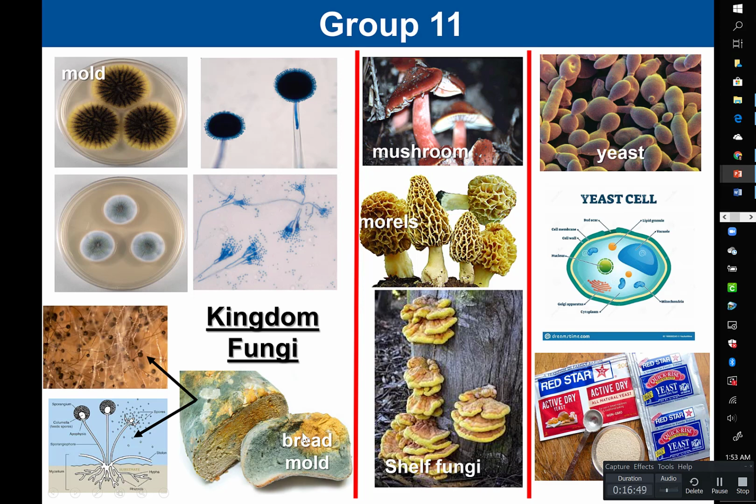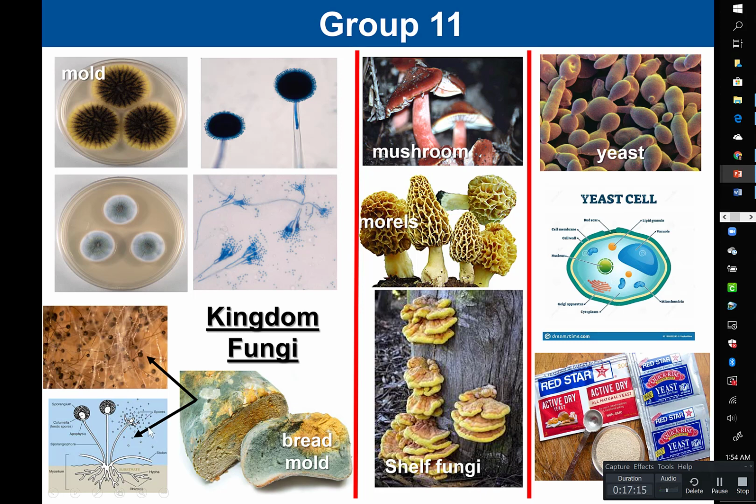And then one that you've probably seen many times, we have our bread mold or rhizopus. And so again, you guys will see this when we talk about our reproductive methods. But rhizopus, for example, can also produce spores, and it produces them within what's called a sporangium. And it's basically this little capsule that contains the spores.